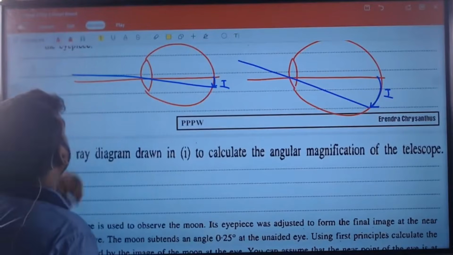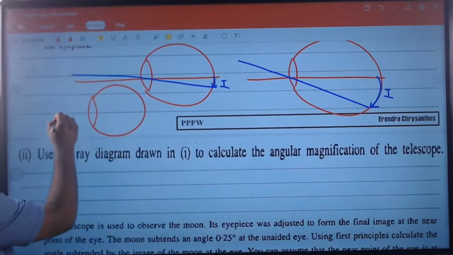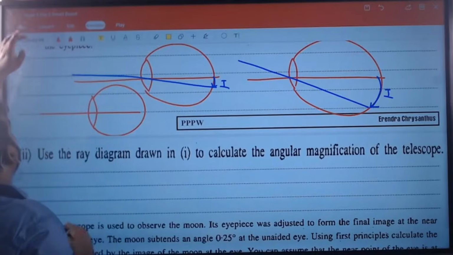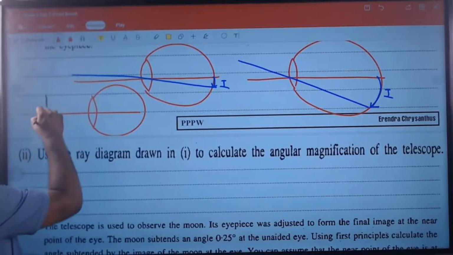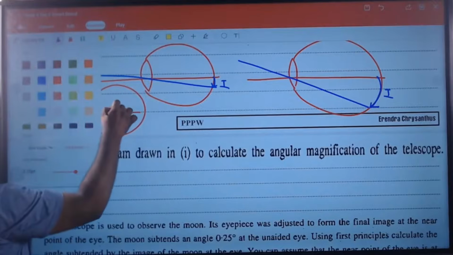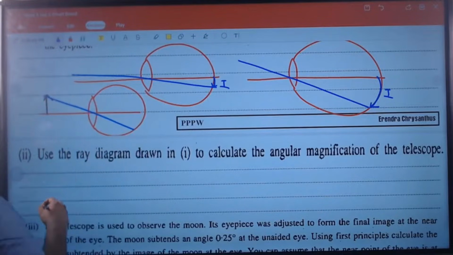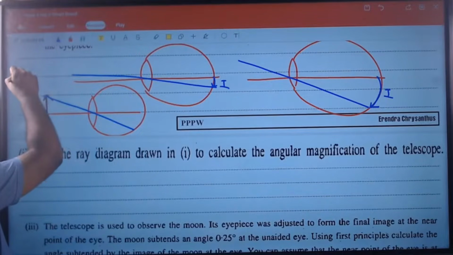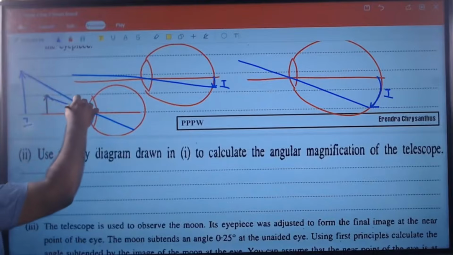Here you take the object. The angle made here will give a much larger image through the eye.